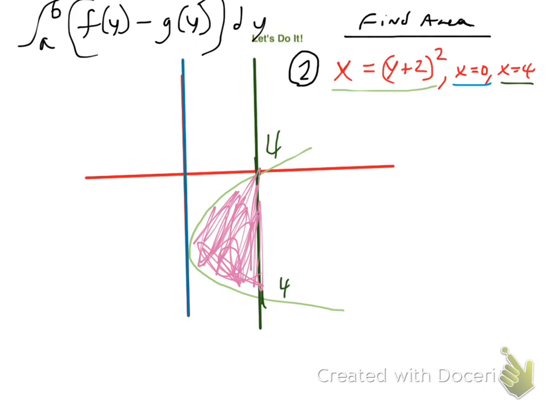And so when we look at our formula, what's our right curve? F of y. Our right curve is the green curve. So that is x equals 0. No, sorry, not x equals 0. X equals 4. X equals 4. And my left curve is the light green curve, x equals (y plus 2) squared.